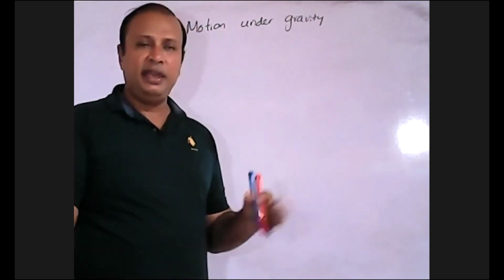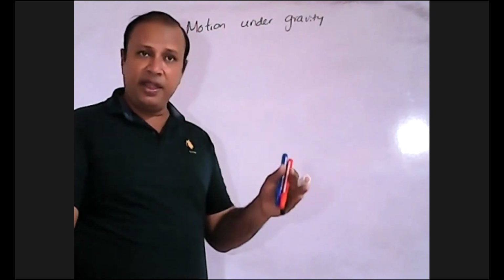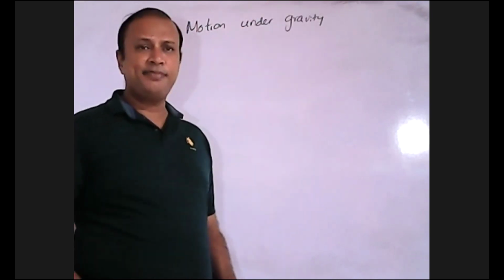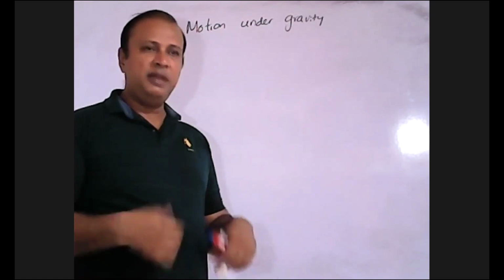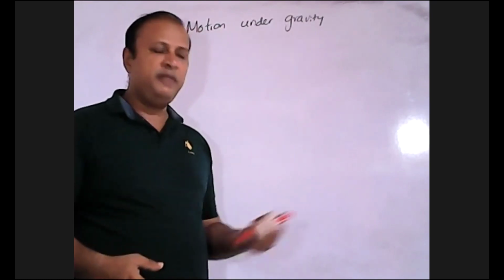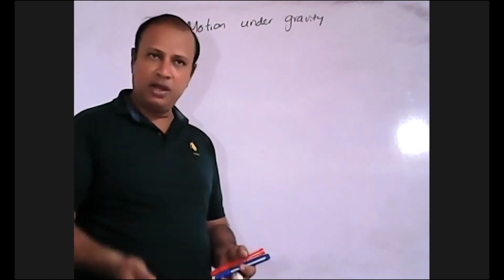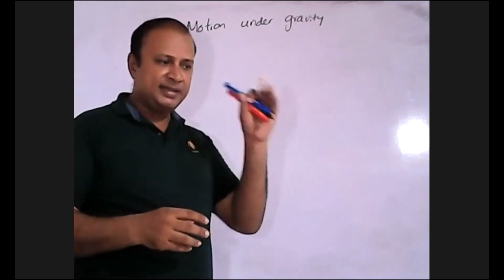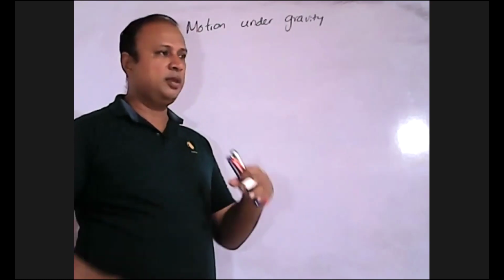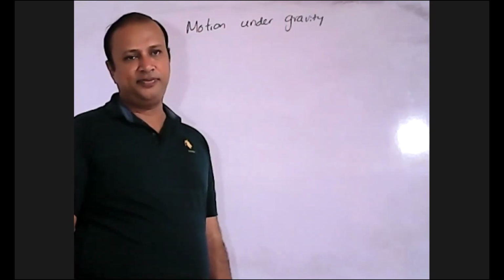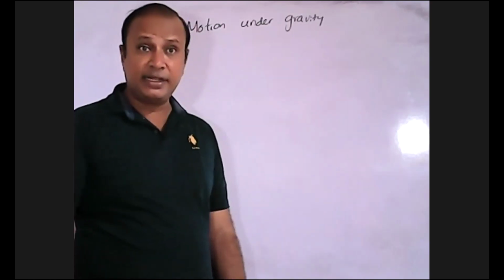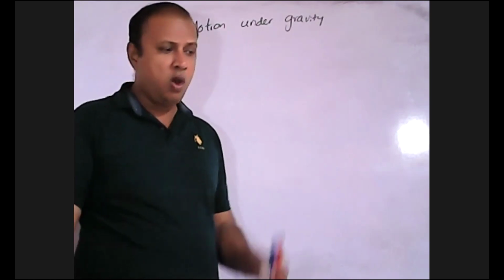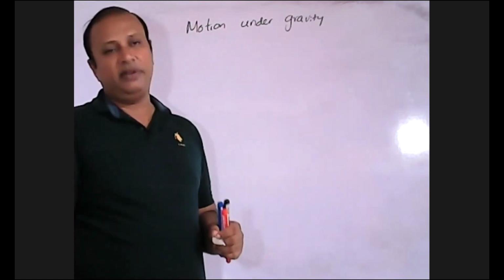Normally, that acceleration may vary with the height, but normally we consider only small heights. Therefore, we can consider that acceleration is constant throughout the motion. That acceleration is called gravitational acceleration or acceleration due to gravity.